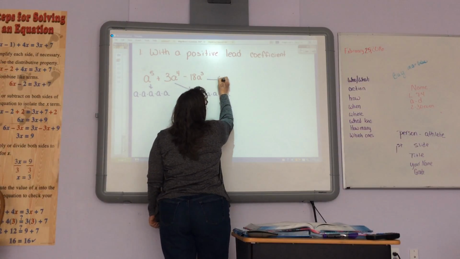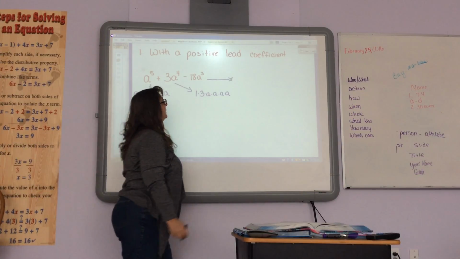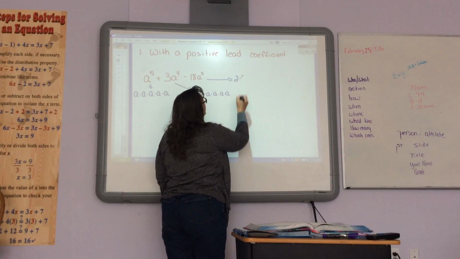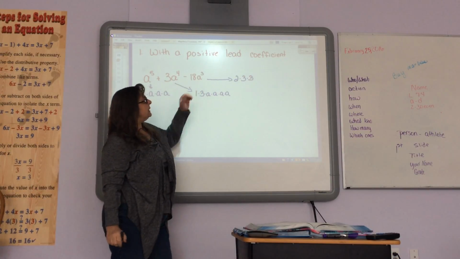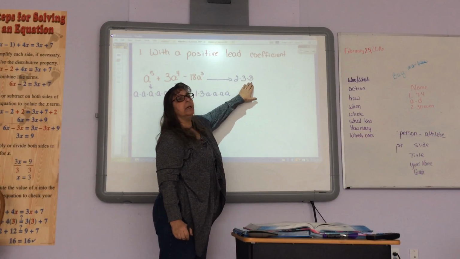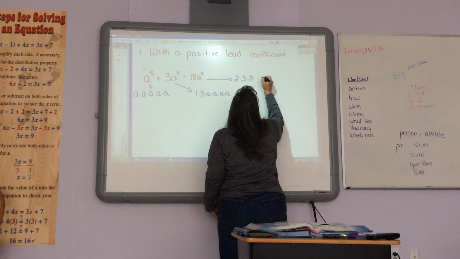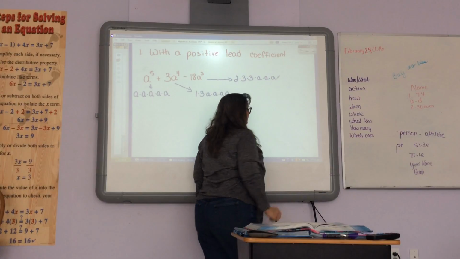And then we have 18a cubed. That is 2 times 3 times 3. I know that 18 is 2 times 9, and I know 9 can be factored into 3 times 3. And then 3 a's: a times a times a.